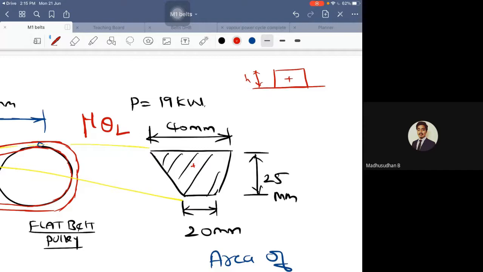That is for a triangle, 2h by 3 when the apex is at the top. Simple rectangle, man. H by 2. Now, how do you calculate the centroid of a triangle with apex at the top when the total overall height is h? I want this distance.